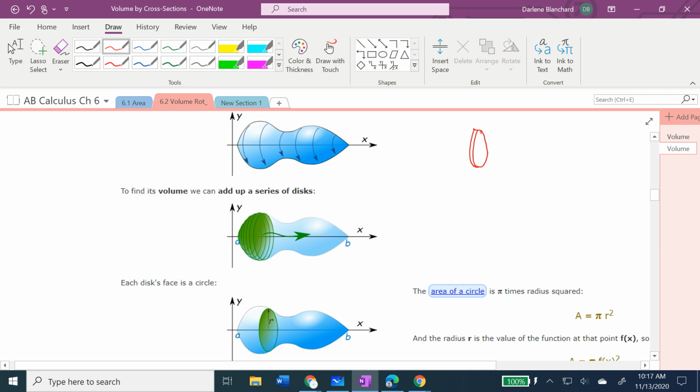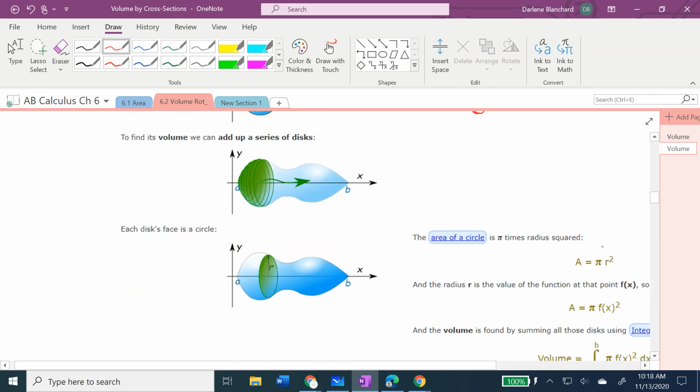And there are some better pictures of cylinders to come, where the thickness or the height of the cylinder is your delta x. And then the area of the face is a circle. And what's the area formula of a circle? Pi r squared.